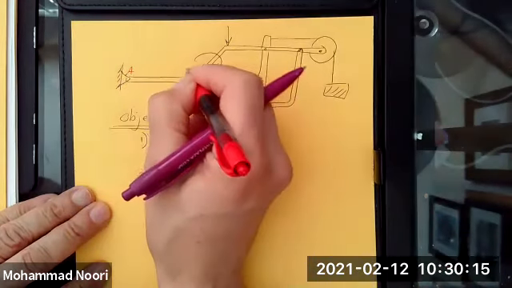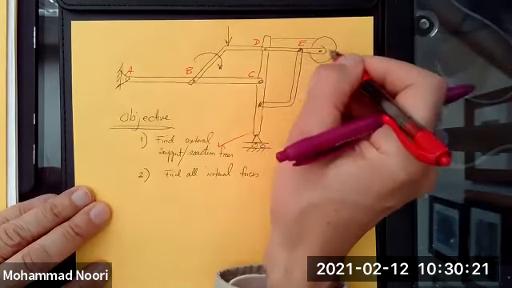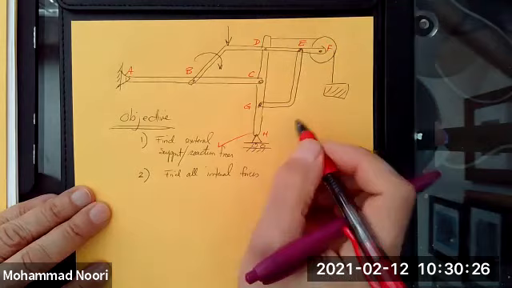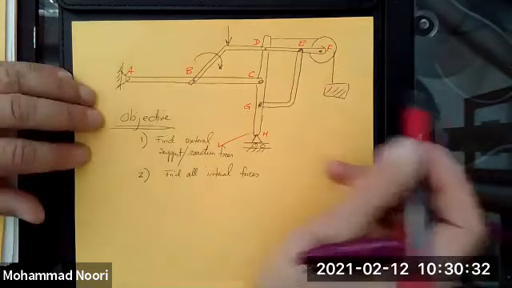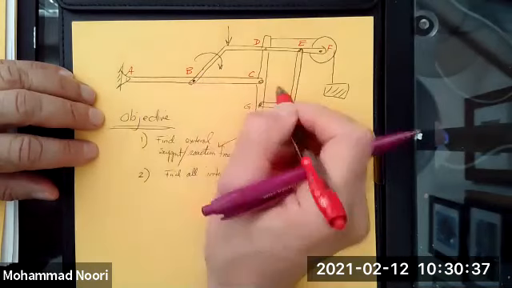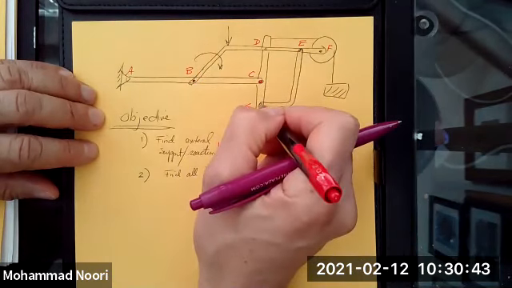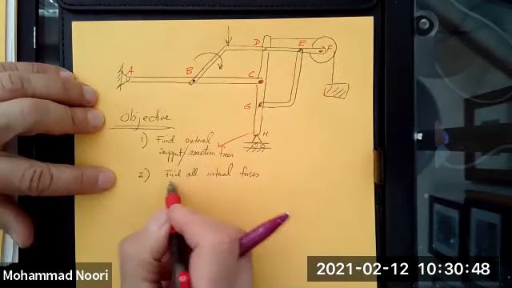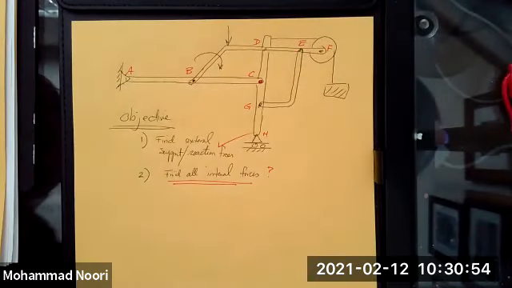See, if I label this, let's say A, B, C, D, E, F, G, H. What I want to do is I want to take all these pieces apart, find out what is the force that is holding these two pieces together. What is the force at C that is holding these together? What is the force at G? What is the force at D, E, F? That's the part that we have not done, okay? And we want to do, okay?